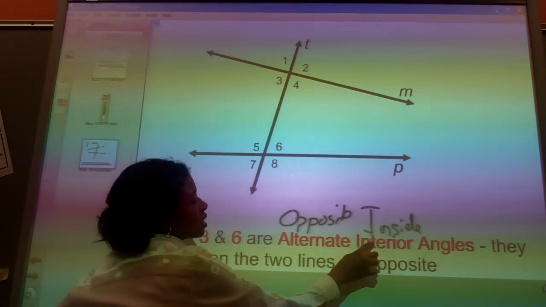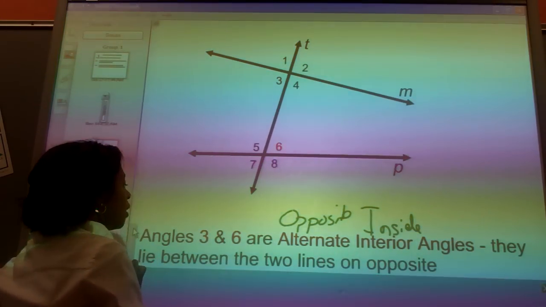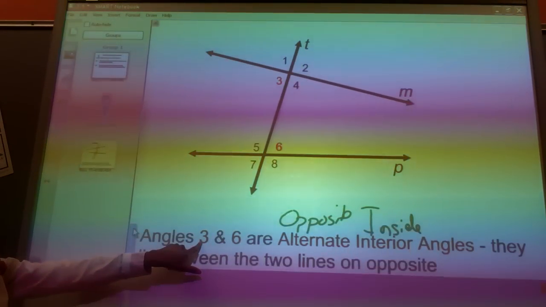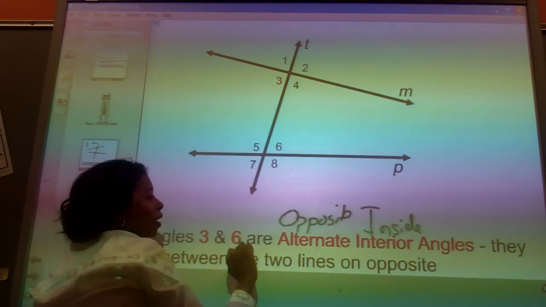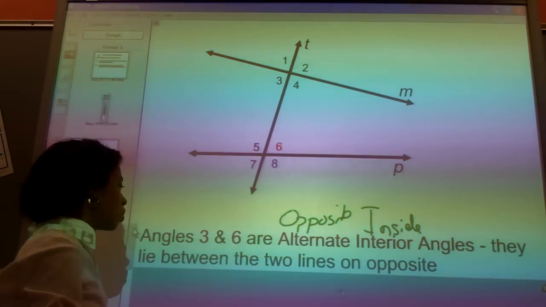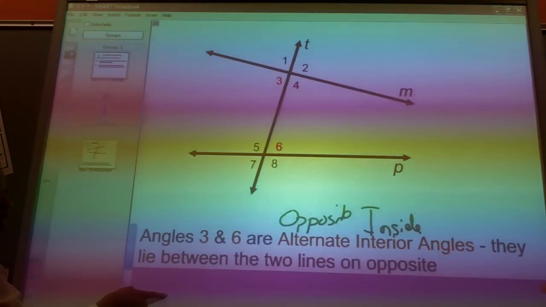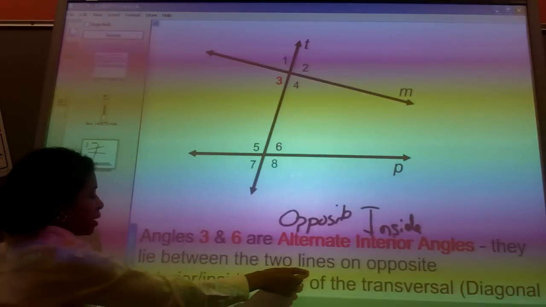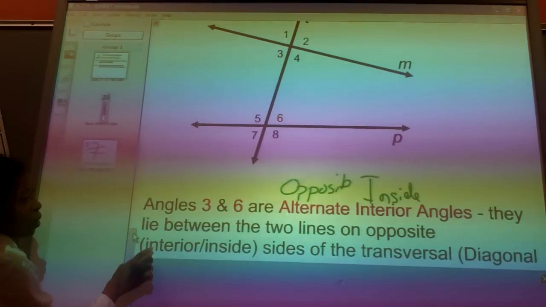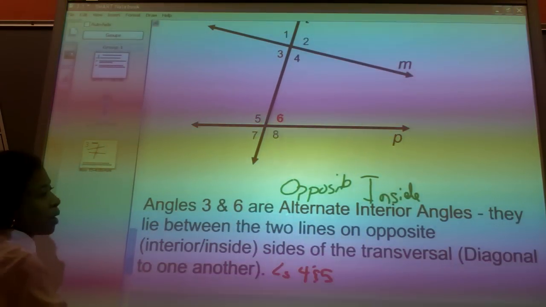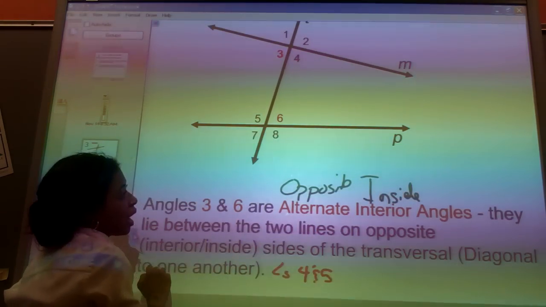So I want the opposite interior angles. The opposite interior are 3 and 6. They're opposite of one another, and they're on the inside angles. They both lie between the 2 lines on the opposite interior inside of the transversal. Sometimes when I say opposite, I mean the diagonal.